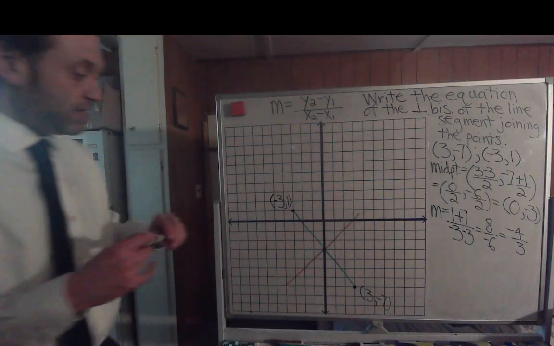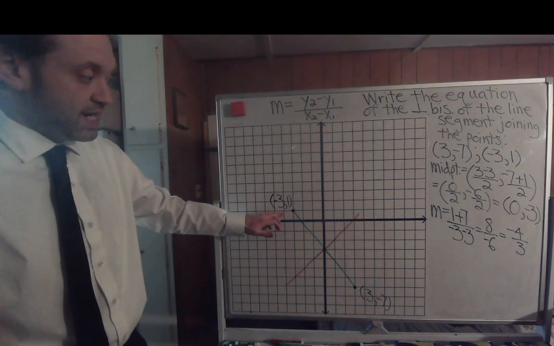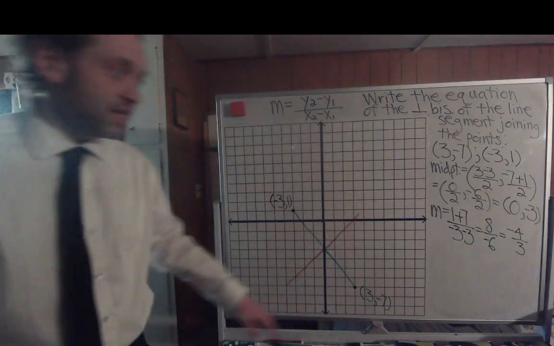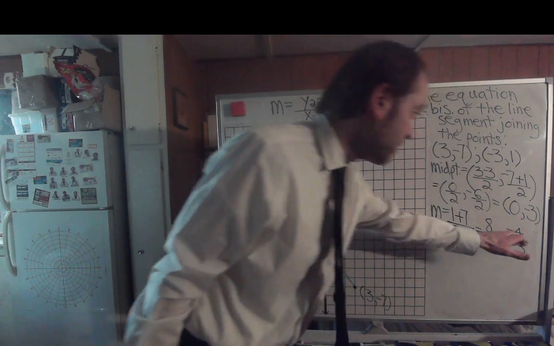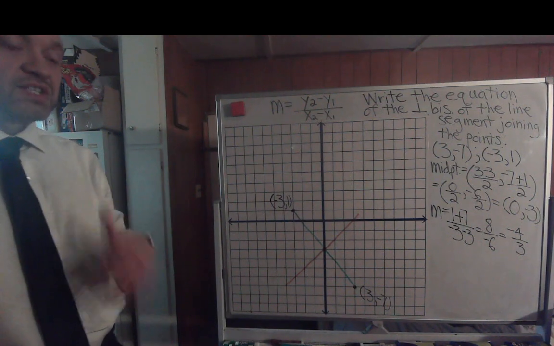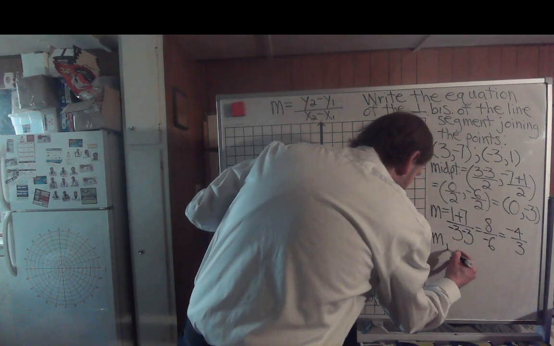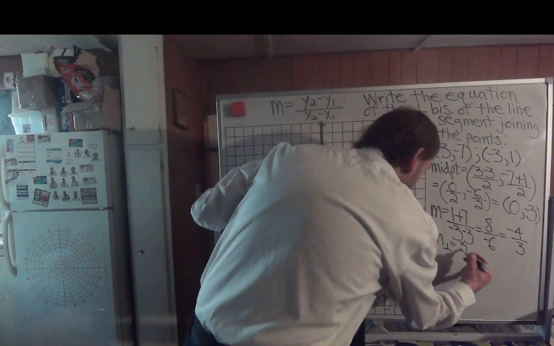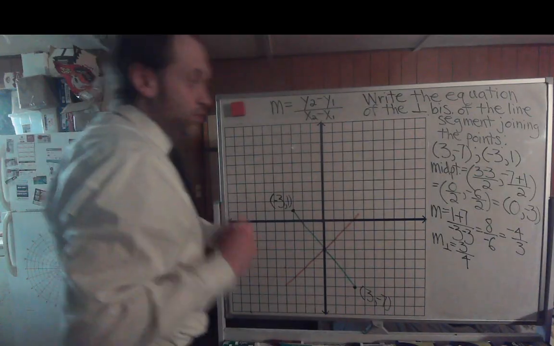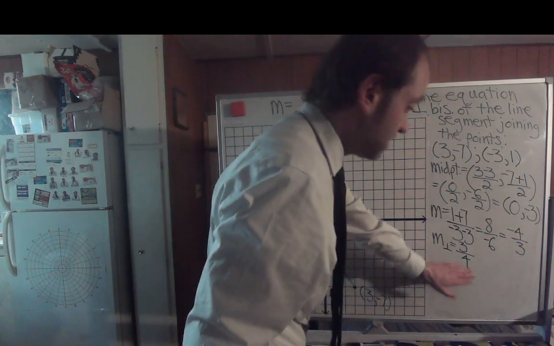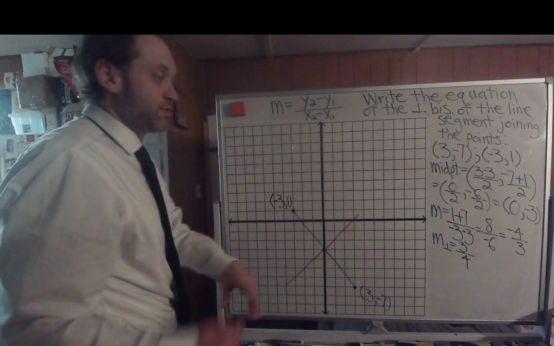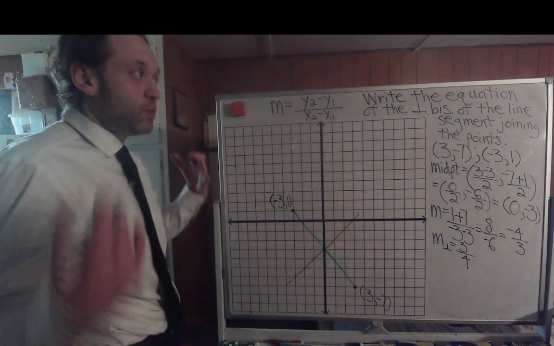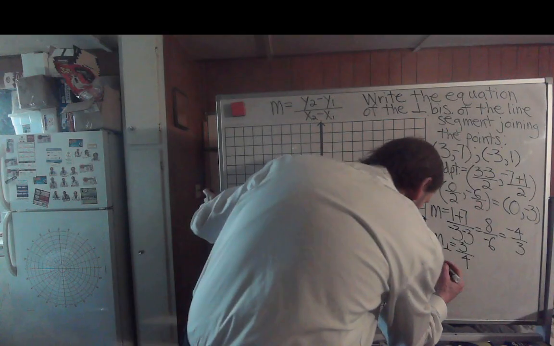So the slope of the original line from -3, 1 to 3, -7, that slope is -4/3. But we want to find the slope of the line perpendicular to that, which means it's going to have a negative reciprocal slope of +3/4. So now that we know the coordinates of the midpoint and the slope of the line perpendicular to the original, we can go ahead and find the equation of the perpendicular bisector.